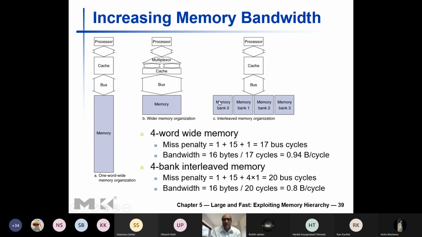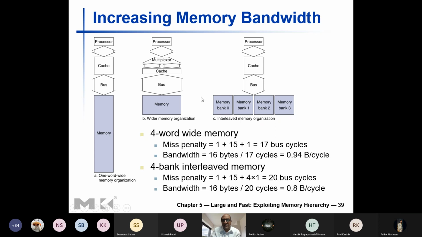One good thing about this organization is that if the memory is organized in the form of discrete banks, you can access the corresponding row of all banks together with one access time itself. That means the first row of all these banks together can be accessed using one access time.